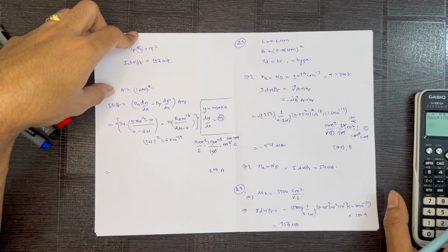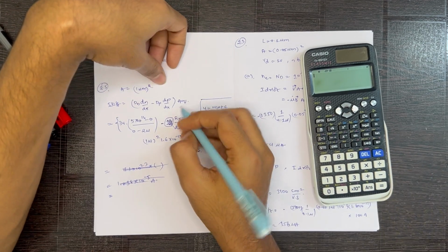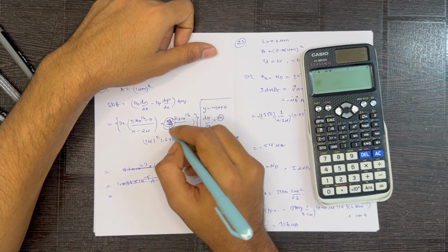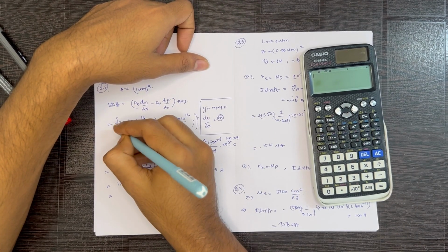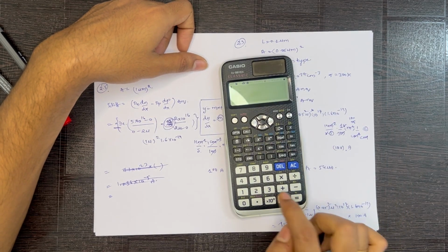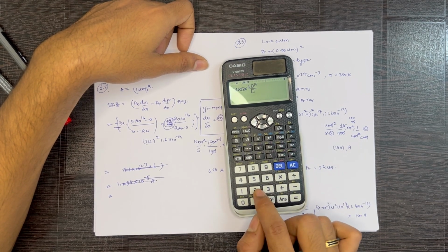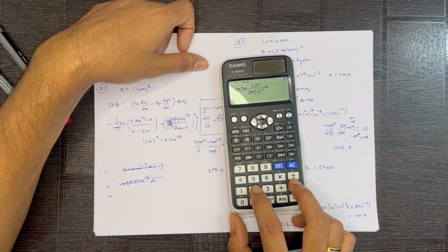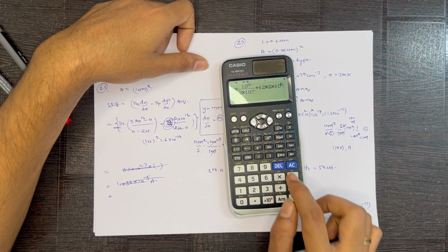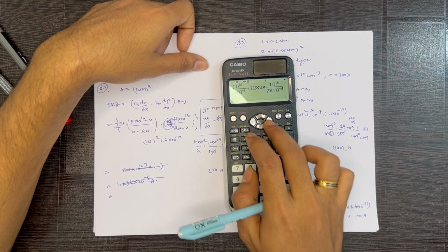Now let's plug these values into the calculator. The mistake is here: the diffusion constant of the holes will be 12 centimeter square per second, not 14. Plugging these values in, we get 34 into 5 into 10 power 16 by 2 into 10 power minus 6, plus 12 into 2 into 10 power 16 by 2 into 10 power minus 6.